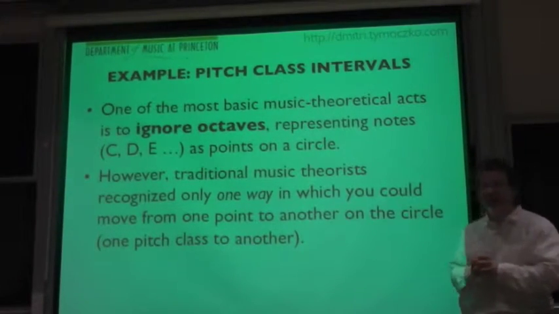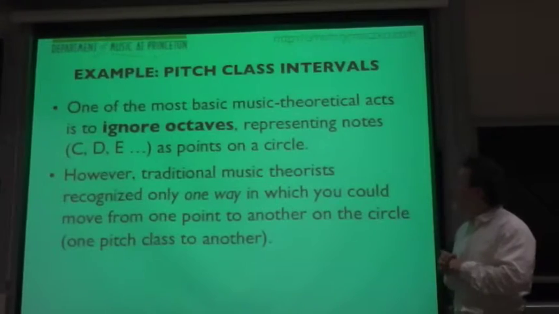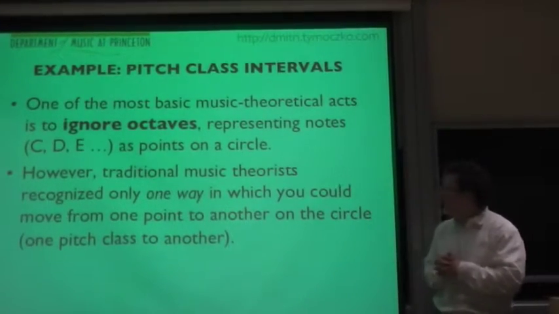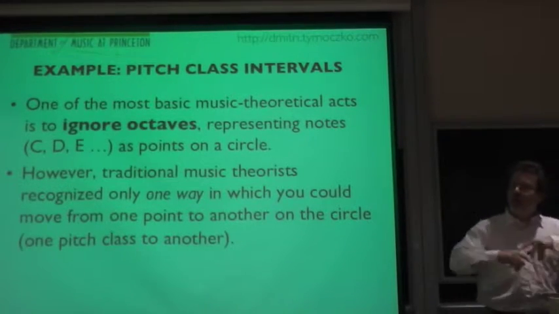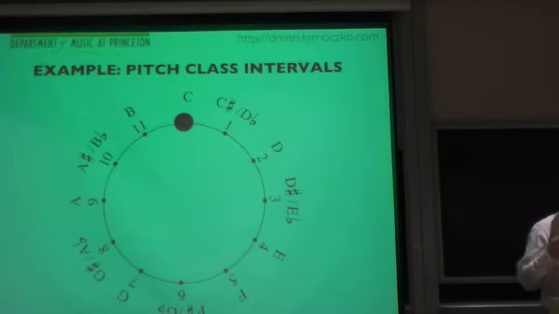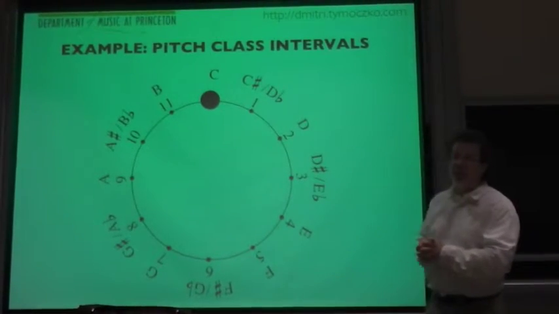Now, the amazing thing is that for 50 or 60 years, traditional music theorists recognized only one way in which you could move from one point to another on the circle. So they would ignore octaves, and then essentially they would think of the circle as a group, okay?